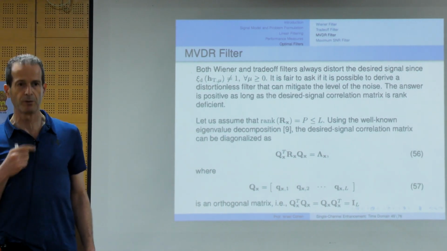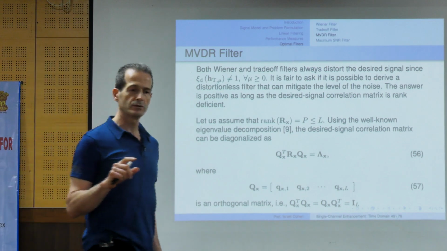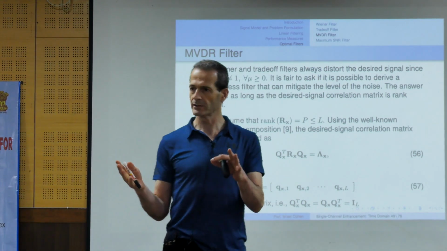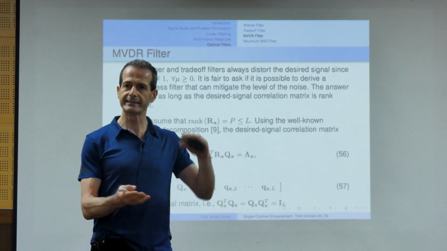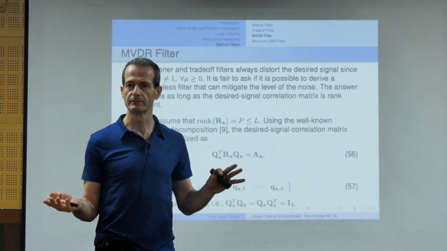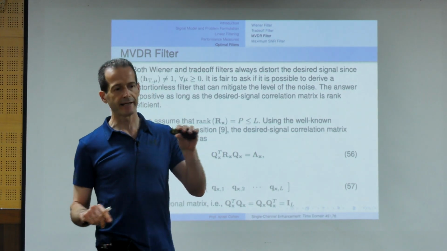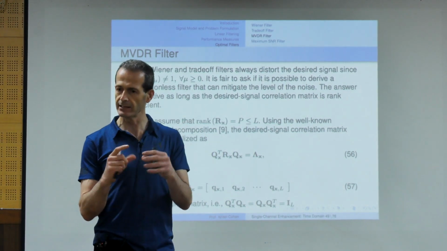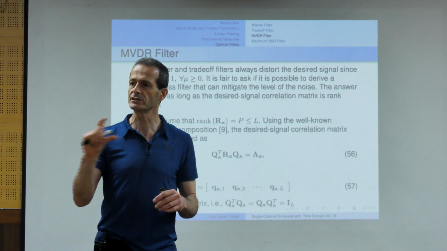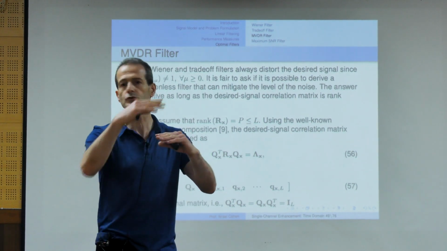Okay, so suppose that we try to suppress noise with a certain signal, and the signal is band limited. Suppose that we sample the signal at 16 kilohertz, and we know that the desired signal is contained in a certain bandwidth, maybe from 1 to 2 kilohertz.